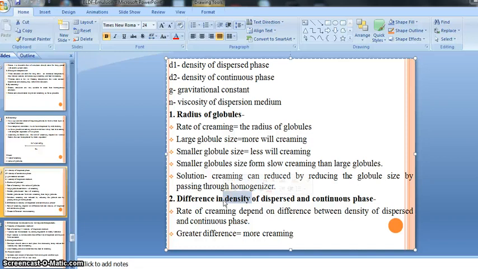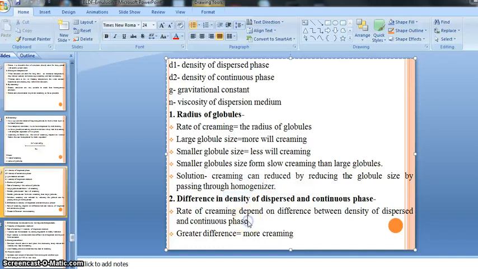So there is a difference between them. If the difference of density of dispersed and continuous phase is higher, that time the chances of forming more cream are higher, right? And if the difference is less, that time the chances of creaming are less.